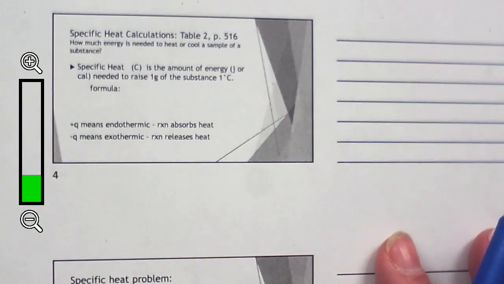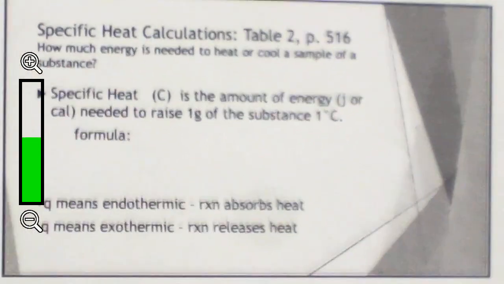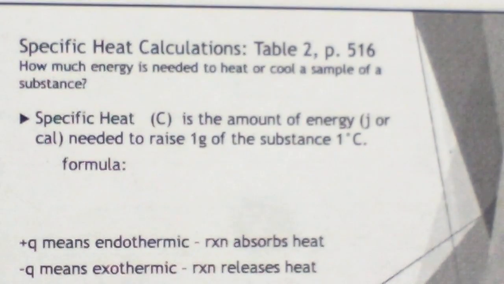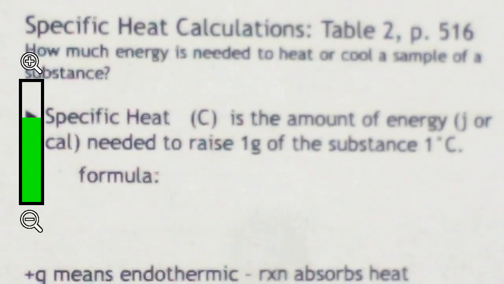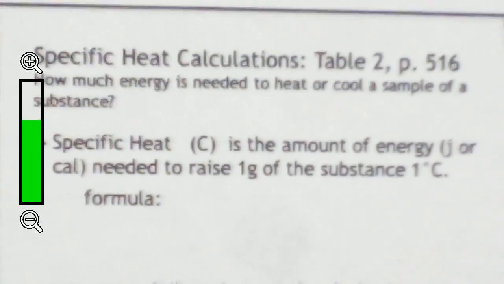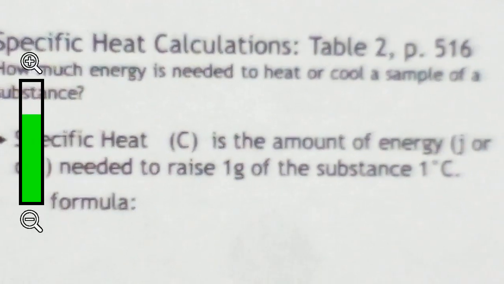So specific heat in particular, there we go. Specific heat has calculations that you can use, and there's the table, page 2, table 2, number 5, page 516. Okay, that's on your assignment sheet already. And they calculate things like how much energy is needed to heat or cool a sample of a substance, any substance.